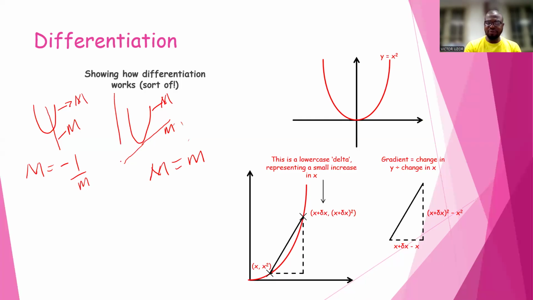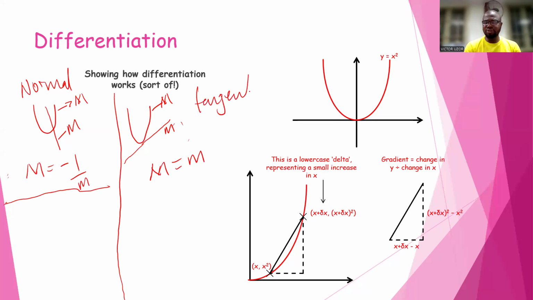So when they ask you to find the equation, what I'm trying to say is this: they give you the equation of the curve and ask you to find the equation of the line.